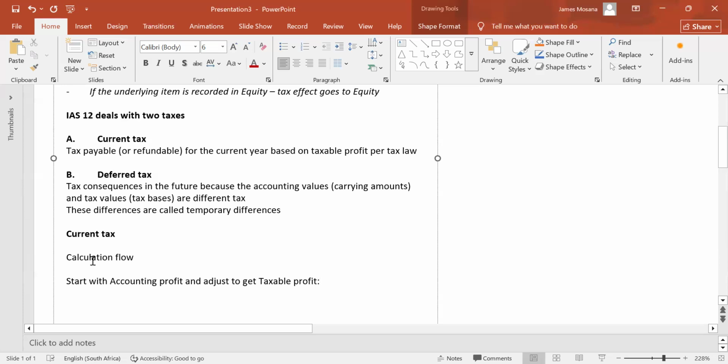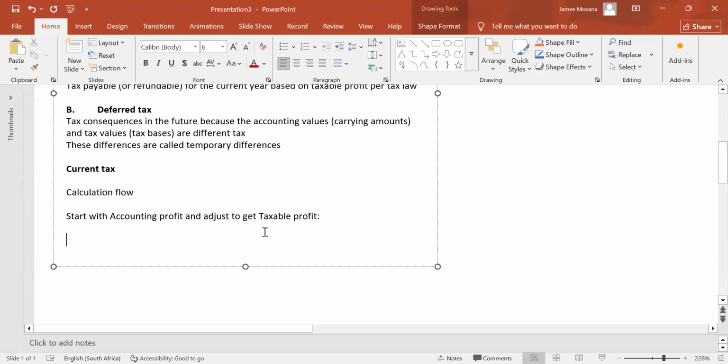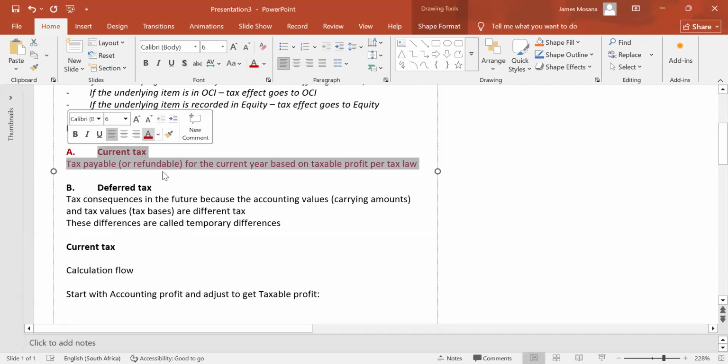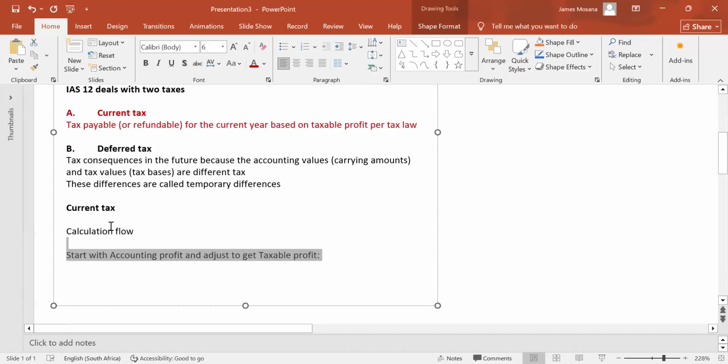Now, if you were to attempt to tell me what would be our calculation flow, what would be the methodology that we will use to calculate our current tax, please attempt to tell me in the chat box.